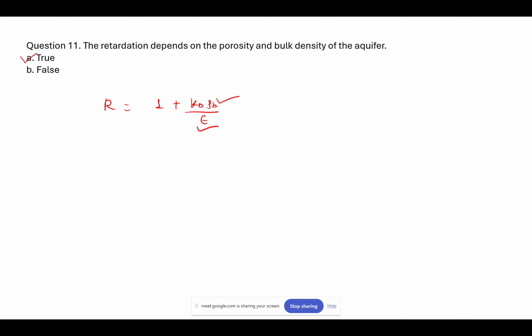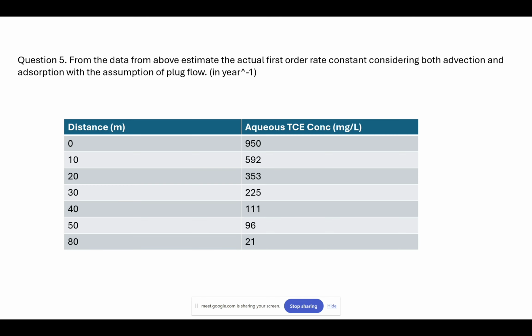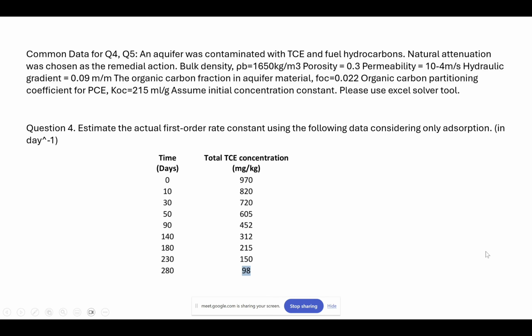Now let's move to the two questions which we have left in between. So this is the question. We have an aquifer contaminated with TCE and fuel hydrocarbons. Natural attenuation was chosen as the remediation action.